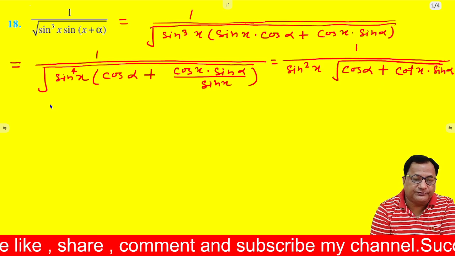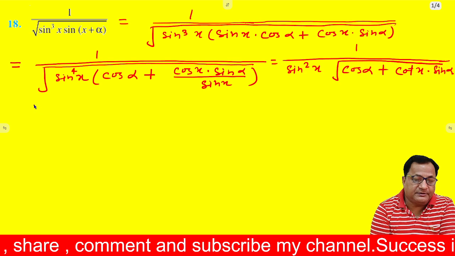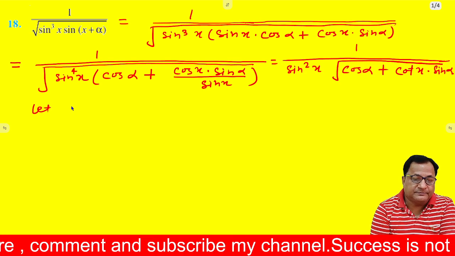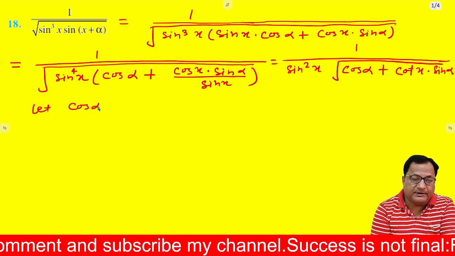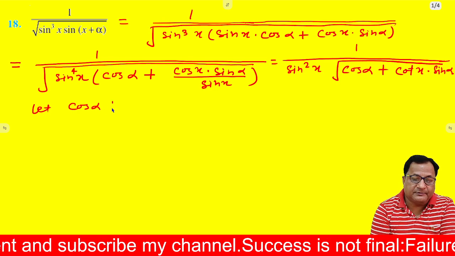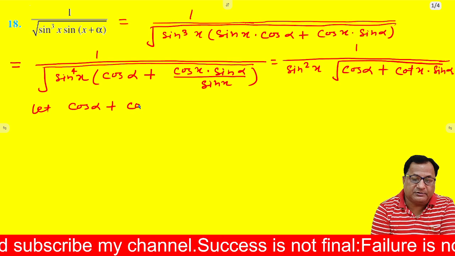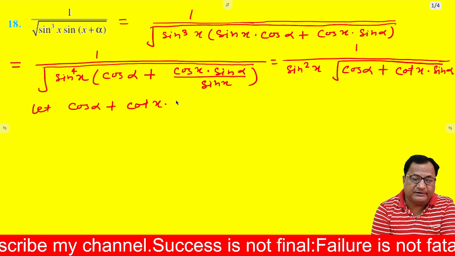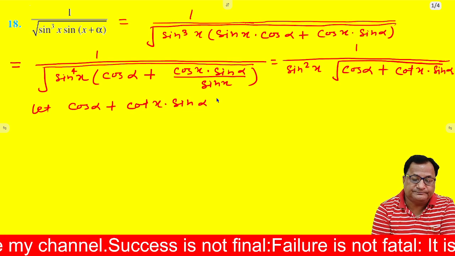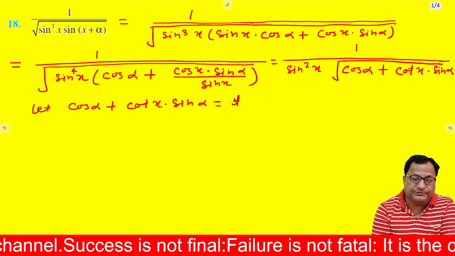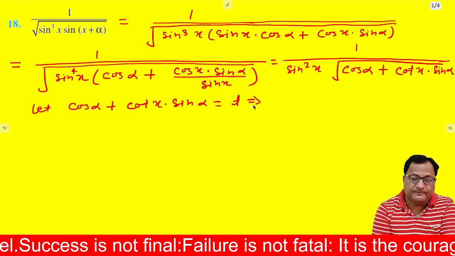Now we will suppose, let cos alpha plus cot x into sine alpha is equal to t. We will differentiate both sides.